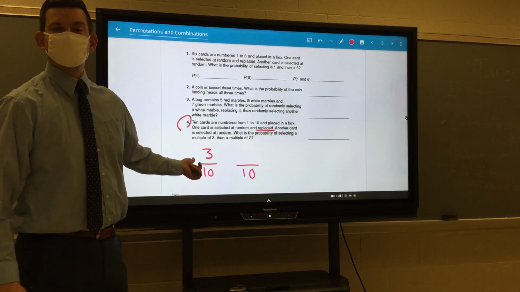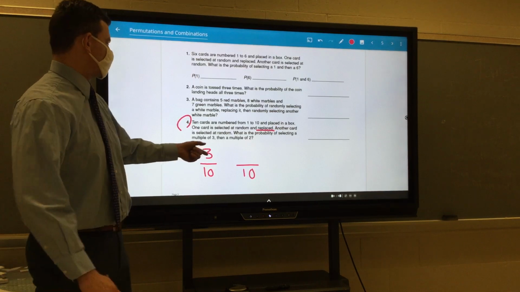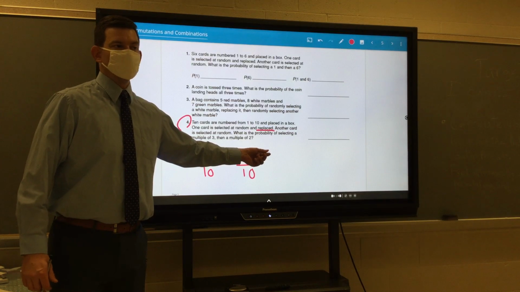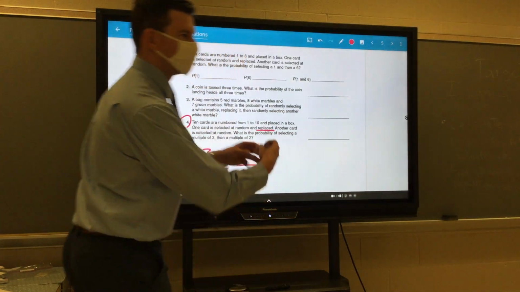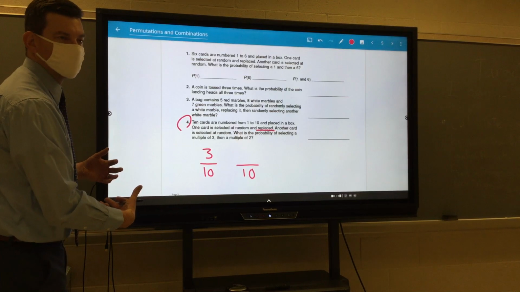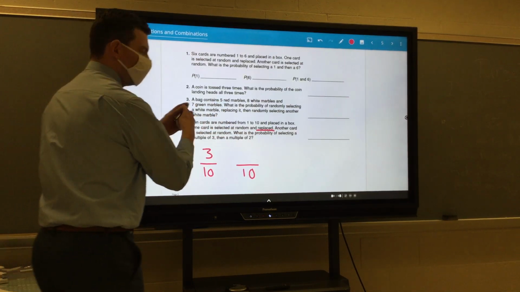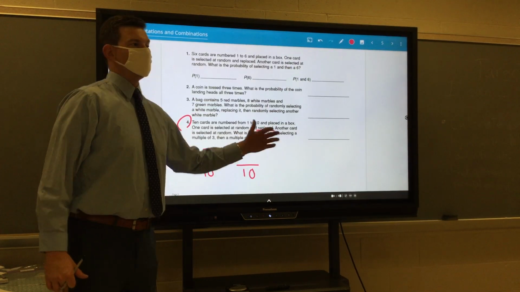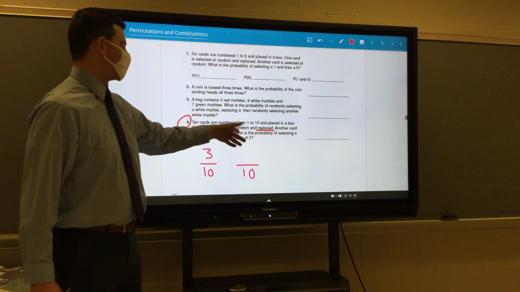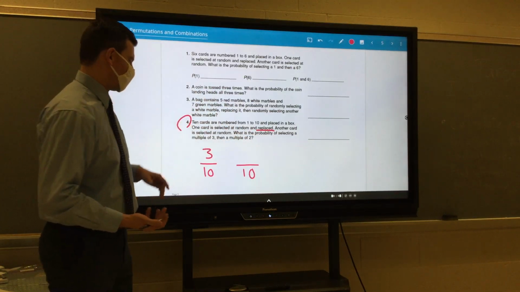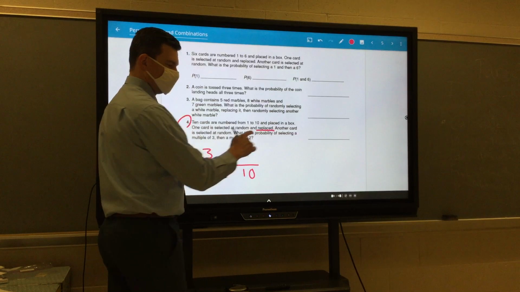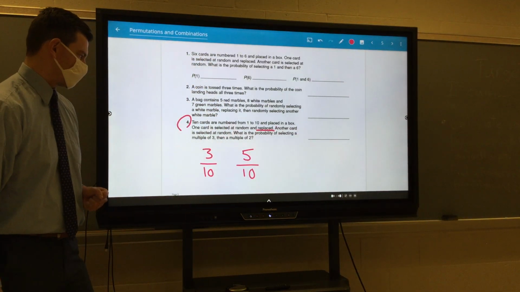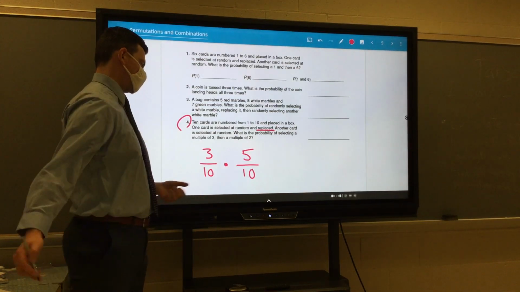If we had selected a 6 for our first card, it was a multiple of 3, but that's also a multiple of 2. So if there's no replacement here, then these are definitely dependent upon each other, because of the overlap in the selection, but also because of the totals that are changing. But because we are replacing it and, we'll say, shuffling, and randomly selecting, we have multiples of 2: 2, 4, 6, 8, 10, and 5 different options available to us for our second one. We know we can multiply these together.